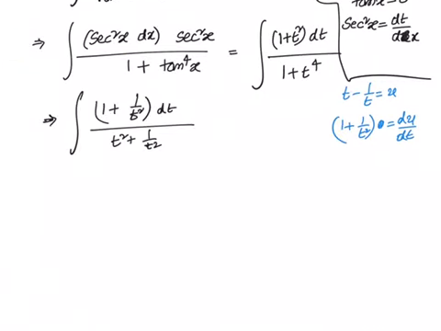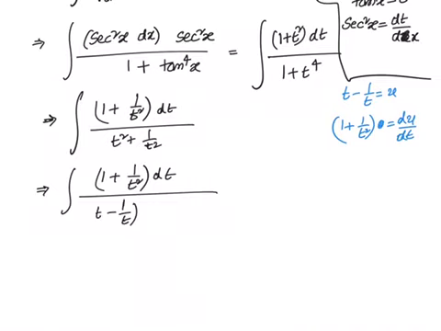We can write the denominator, that is t square plus 1 by t square, as t minus 1 by t whole square plus 2.